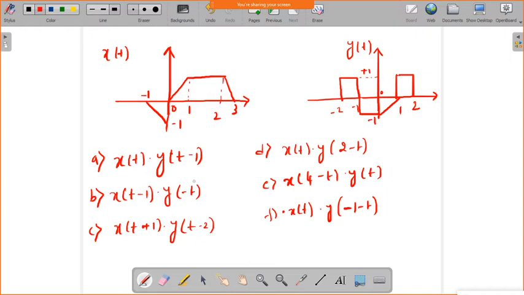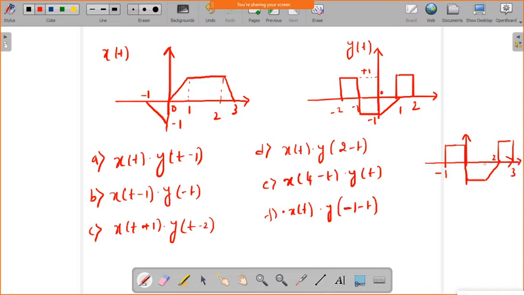So x of t stays as it is, and y of t minus 1 is shifted right by 1 unit. So y of t minus 1 will be from minus 1 to 0, 0 to 1, 1 to 2, and 2 to 3.